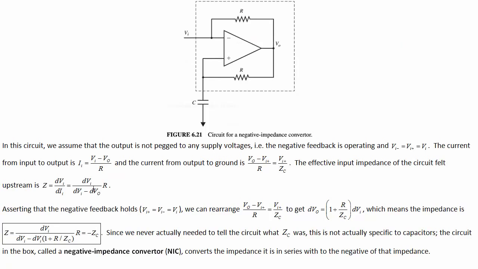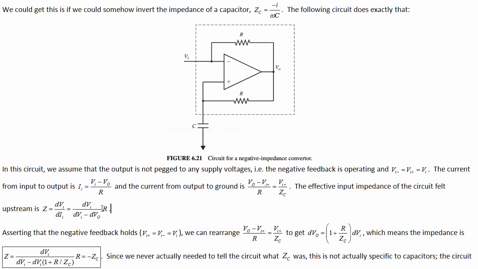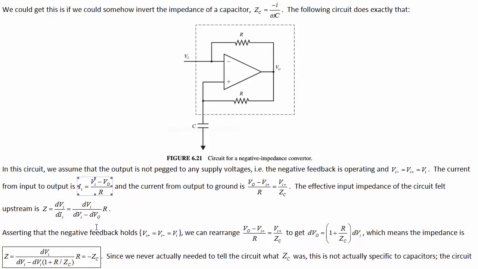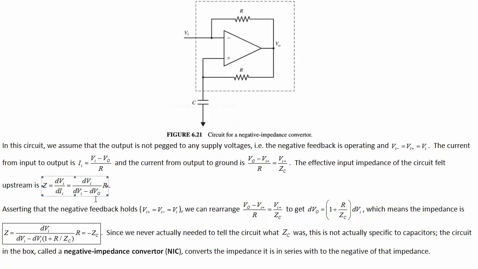So we can calculate what the impedance seen upstream is by taking the rate of change of the input voltage with respect to the input current, and substituting in the input current that we found. We've got this equation. So all we've done is basically divide by this, saying that the derivative of, or the rate of change of VI minus VO is just the difference in their rates of change.